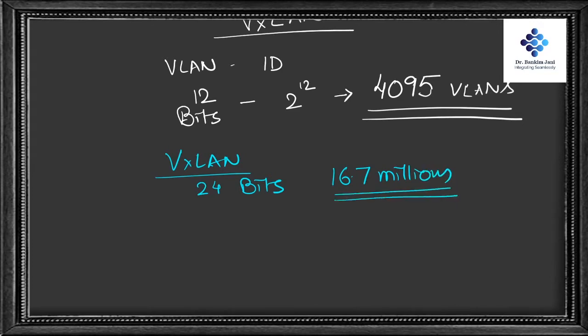And what is that? It is called the VNI. The way we were calling it VLAN ID, over here how many VxLANs are possible? 16.7 million. And the way we were calling VLAN ID, over here we'll be calling VNI.